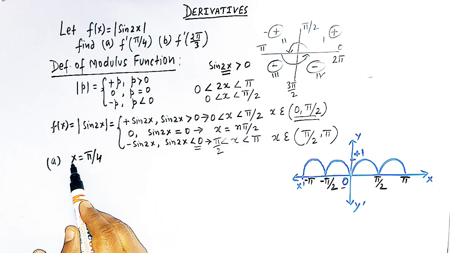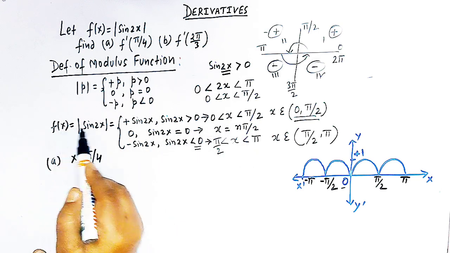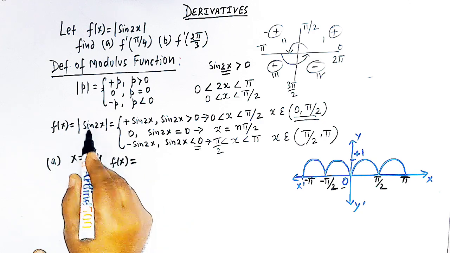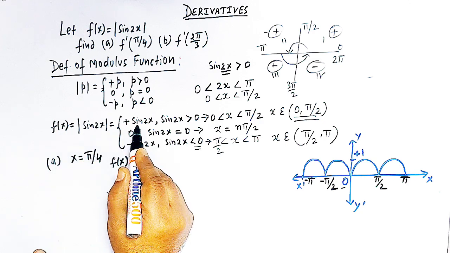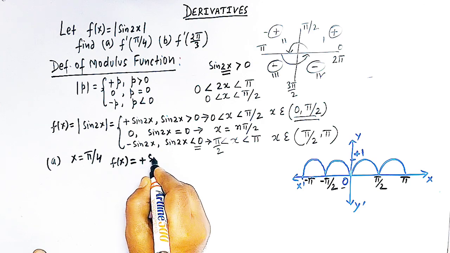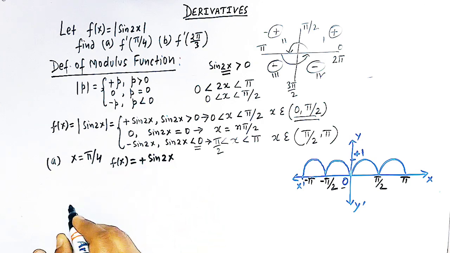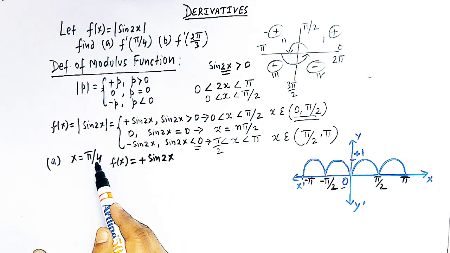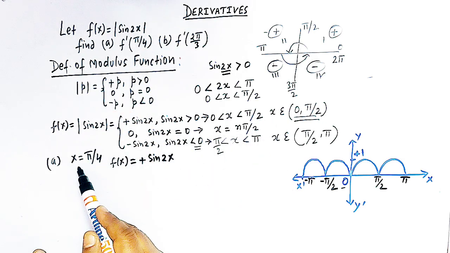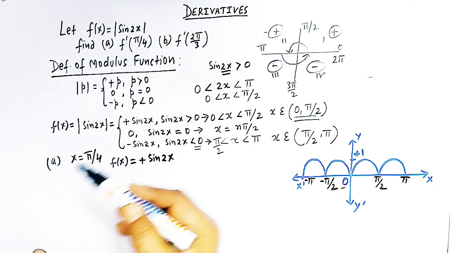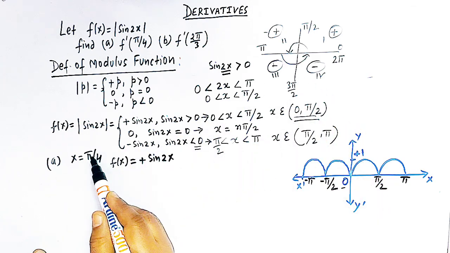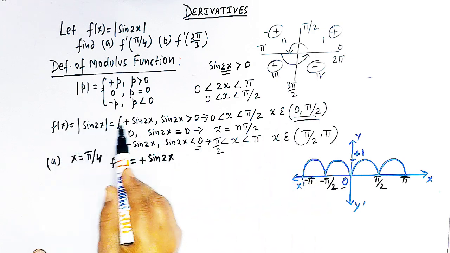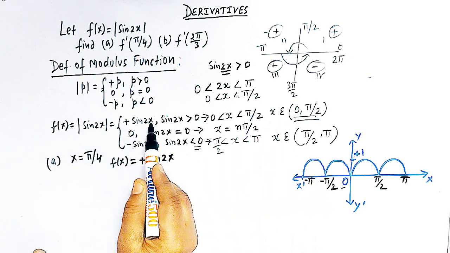So when x is equal to π/4, then f(x) is equal to |sin 2x|, which is further equal to positive sin 2x, right? So when we have to find the derivative at x equal to π/4, we have to see which interval this point lies in. So here x equal to π/4 lies in this interval, so we have to take f(x) equal to plus sin 2x.